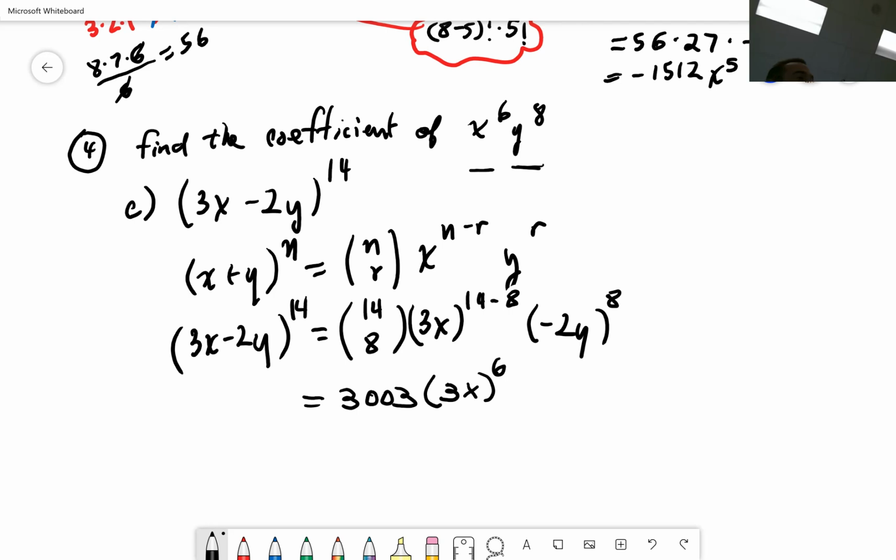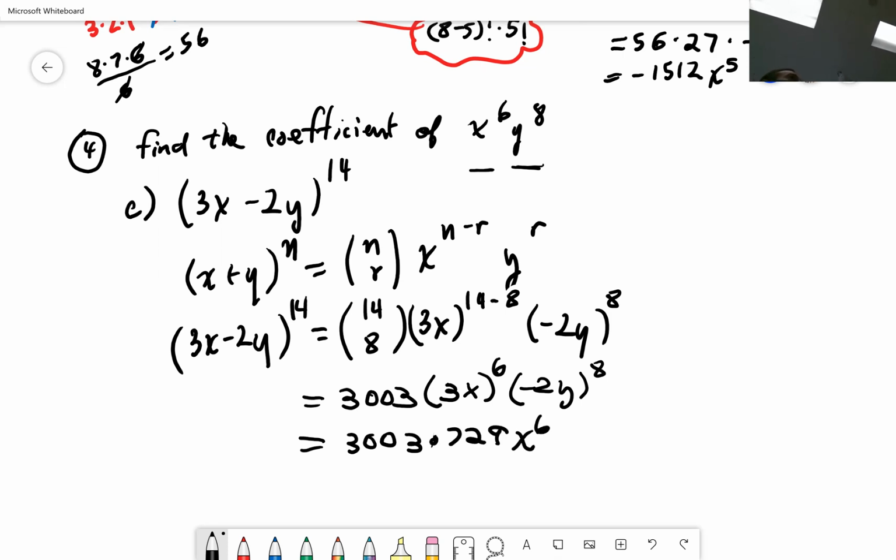3x to the 6th power, negative 2y to the 8th power. See that? And so now 3 raised to the 6th power is 729. So it's 3003 times, and I'll just write it like this, times 729 x to the 6th.